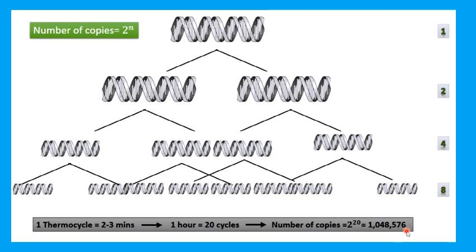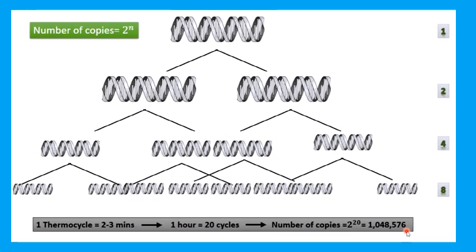It's like a cascade. So how many copies of DNA are there after the end of a certain cycle? I will give you an example. What do you get if you run PCR for 1 hour?